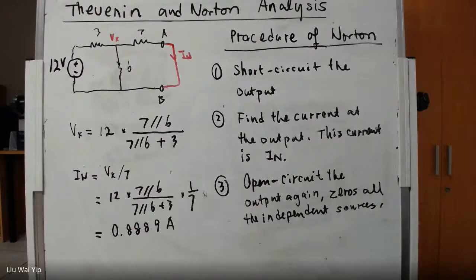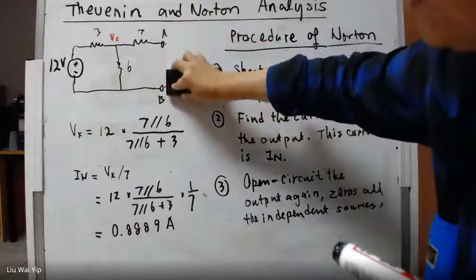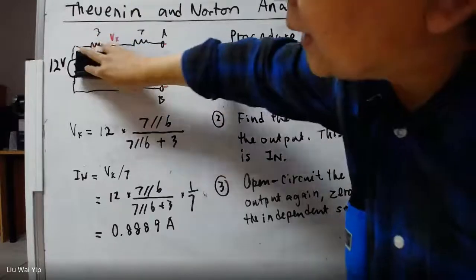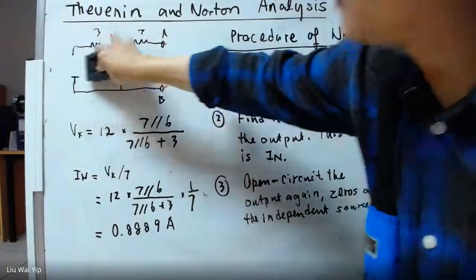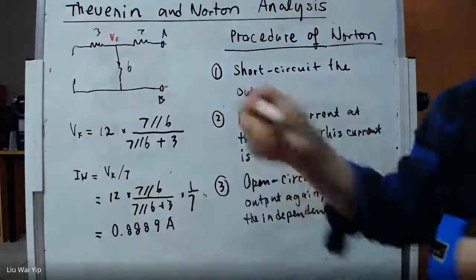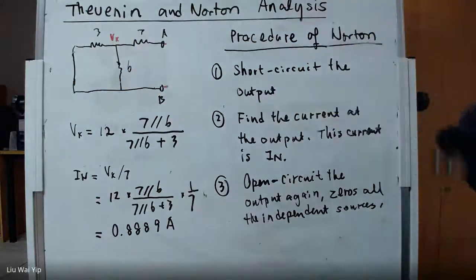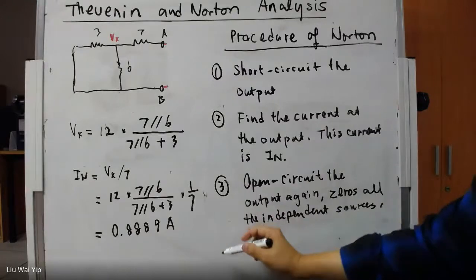So in this case, what we are going to do is to open circuit here, and then zero the source. This means we are going to short circuit it. Short circuit it will produce 0 volts here. And then we are going to measure the Norton.